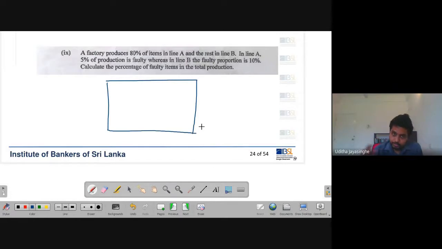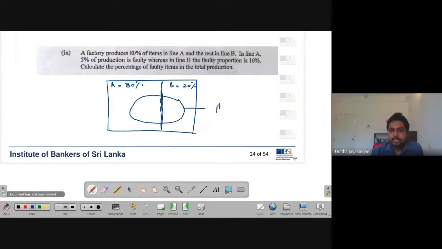Since 80% of the items are coming in line A and the rest in line B, I can do my demarcation like this. 80% of the items are coming in A and 20% in B. And if I do something like this and call it the faulties, it's fine, right?